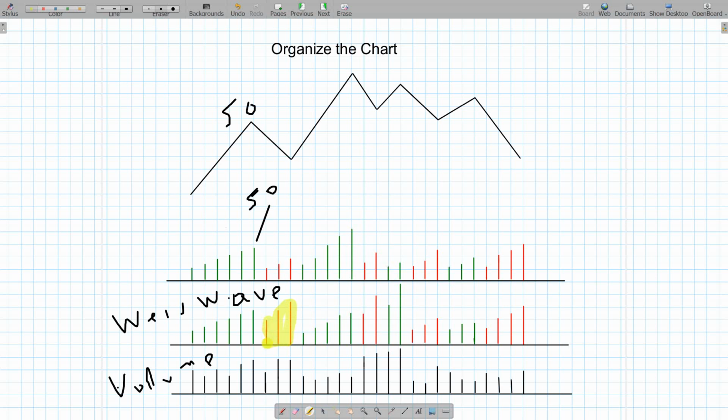Lot of volume, small movement. Also, another thing we identify is low volume and high peak movement, which is this case. Okay.